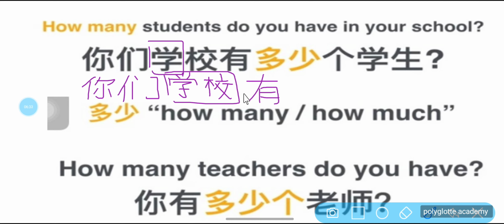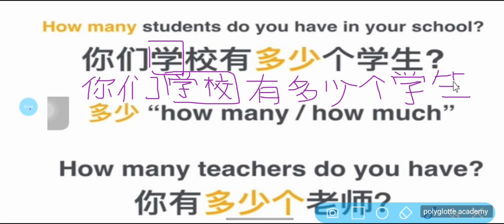which is the verb to have. So 你们学校有多少个学生？ 学生 means student, with this character meaning to study.